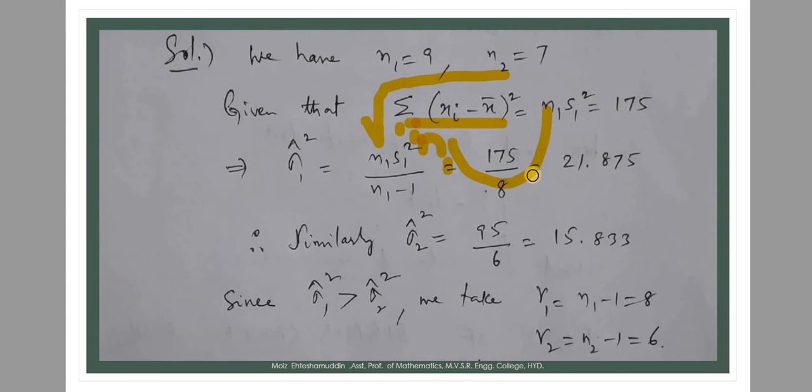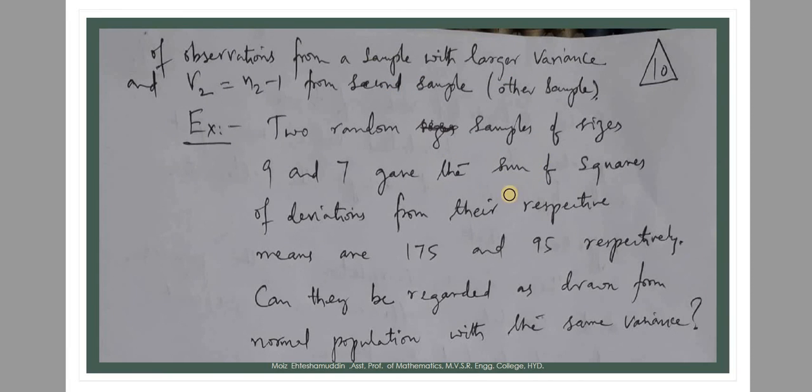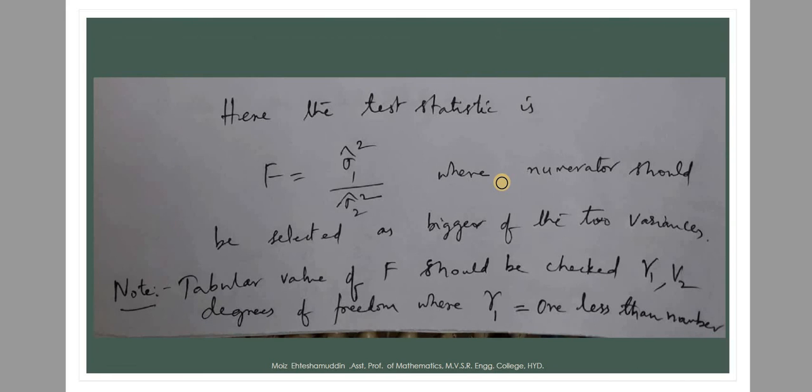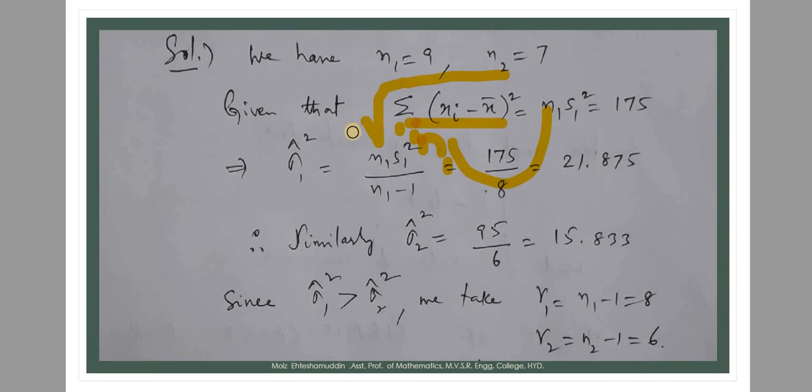This problem I had done, and here if random sample values are given, instead of the sum of the squares of the deviations, if there are two series of values given, an x series with some 8 elements and a y series with some 10 elements, then we need to calculate sigma 1 cap square as n1 into s1 square. This s1 square is the variance of that sample. We have to calculate the variance of the given sample.